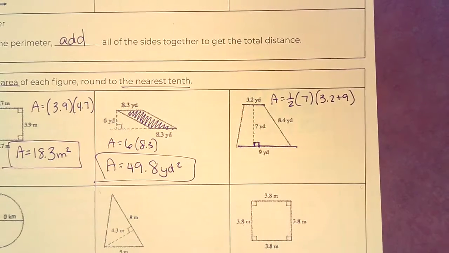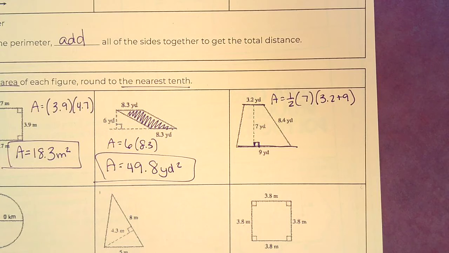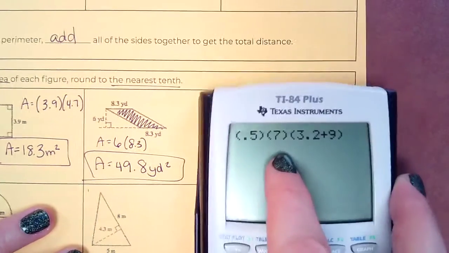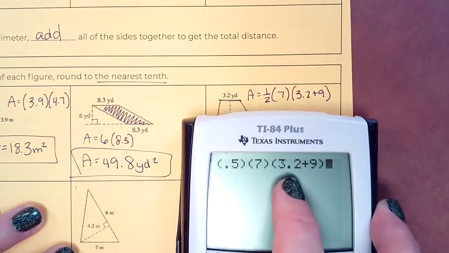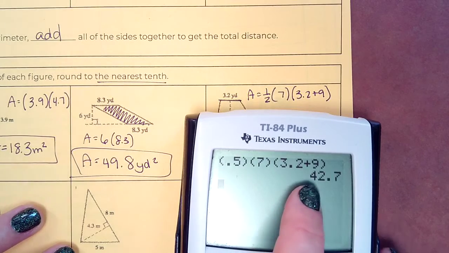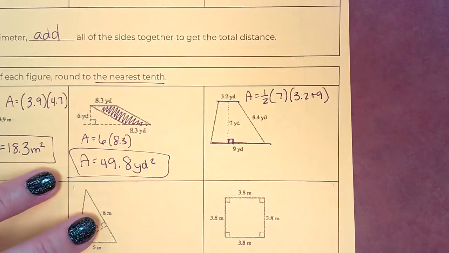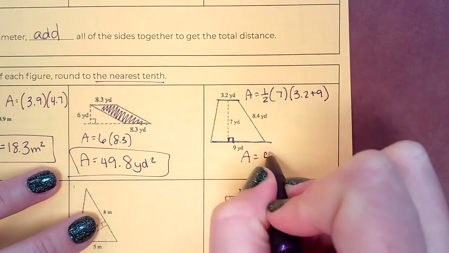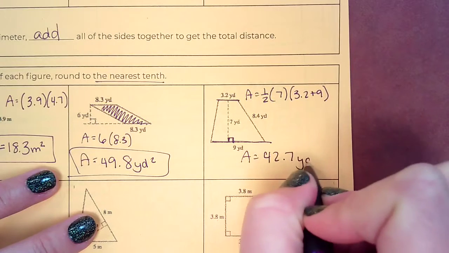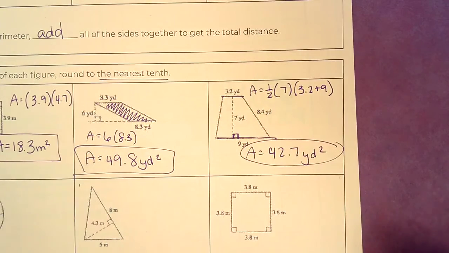I'm going to throw all of that into my calculator, being sure to use parentheses where necessary. So 0.5 times 7 times (3.2 plus 9). 42.7 yards squared. Most of this should not be new.